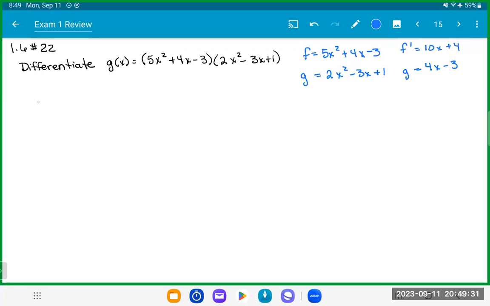So we'll use the product rule: the derivative of our function is f g prime plus g f prime.